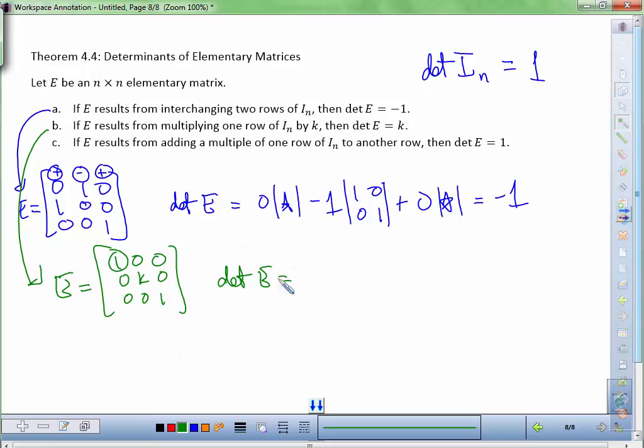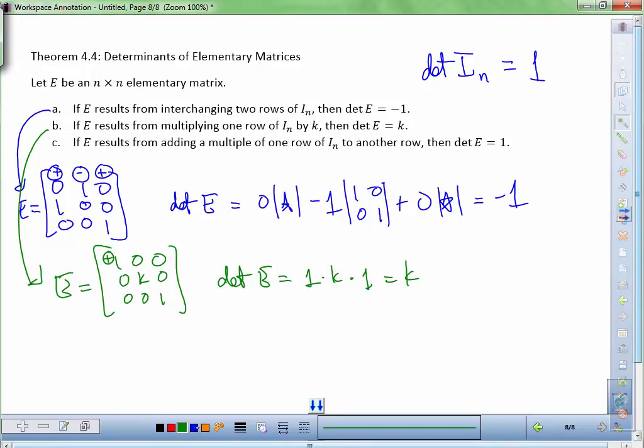So I'll start off with the 1 here with a positive sign. So 1 times the determinant of the, actually I don't have to do that. This is a diagonal, right? So 1 times K times 1, which is equal to K.